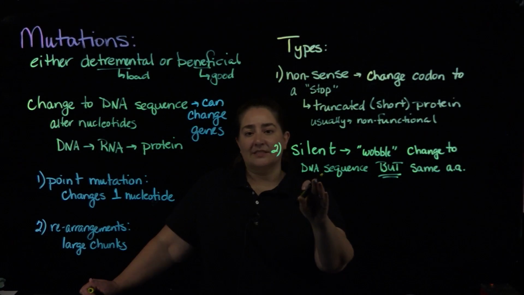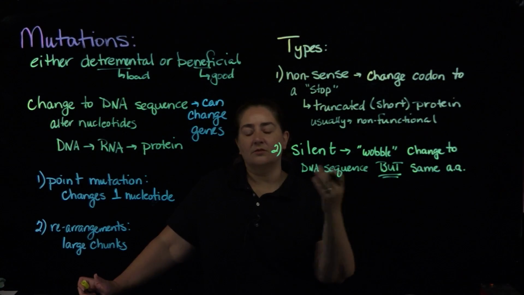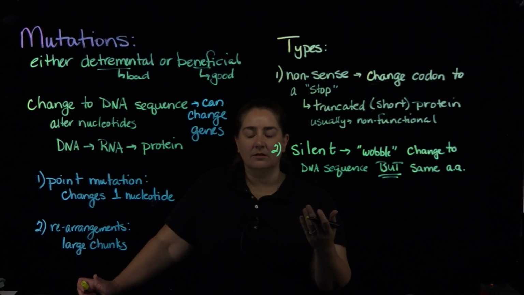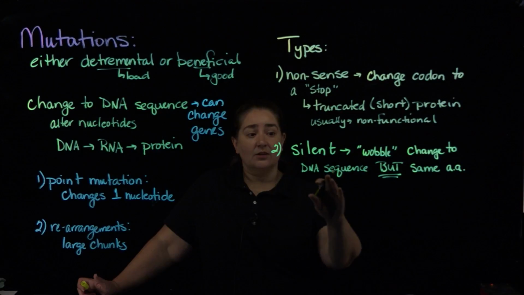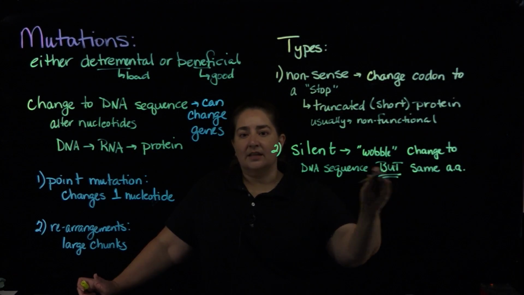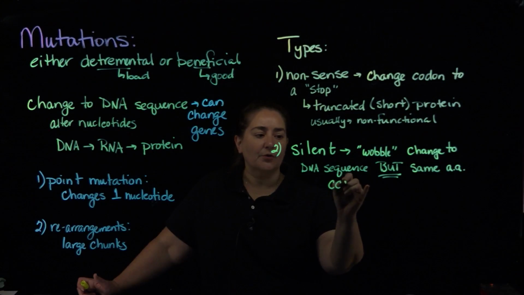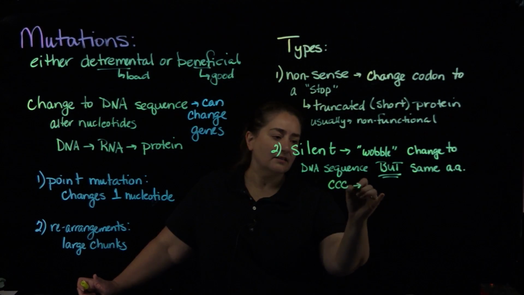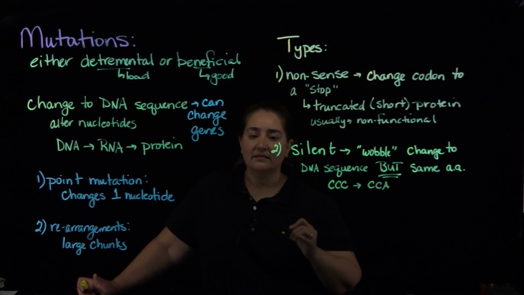So that's what's known as a silent mutation, because you don't really have any physical trait associated with that mutation. There's a change in the DNA sequence, so something happened, but it's like mutating our proline that's a CCC to a CCA.